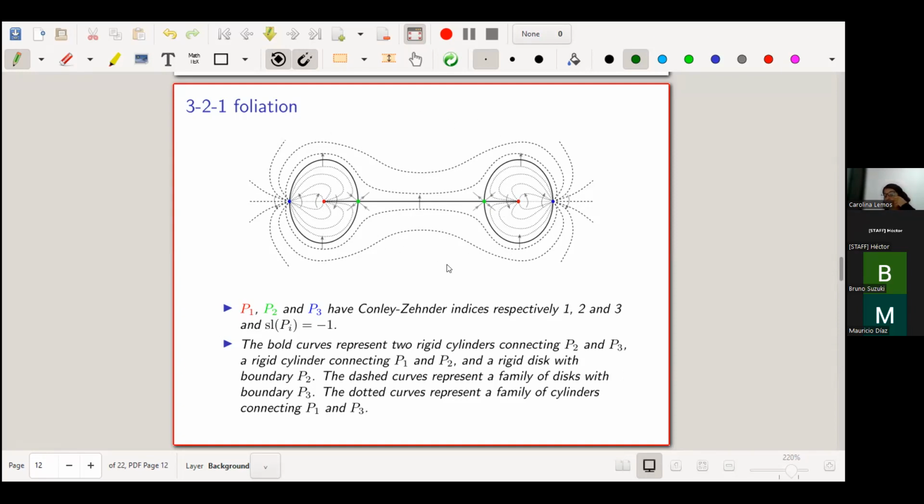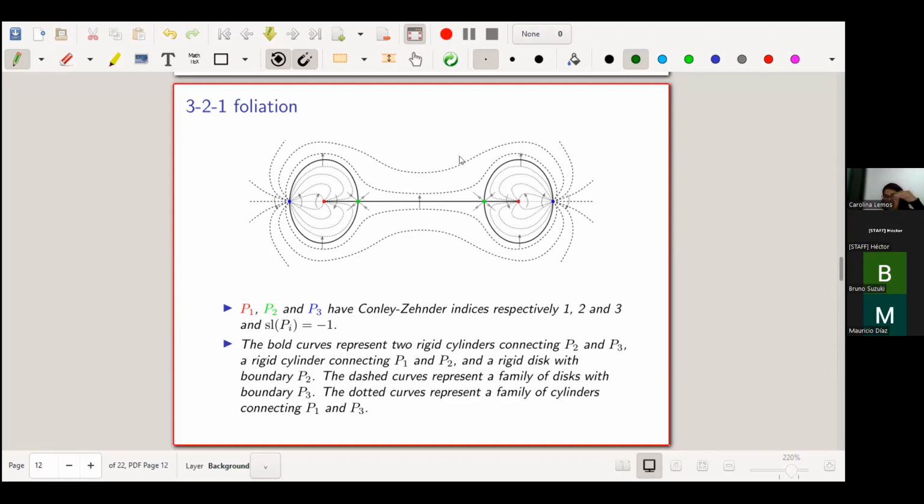And they have collision indices 1, 2, and 3. And basically we have this family of disks here, a family of cylinders here, and these 2 cylinders, one here and one here, and also this cylinder here and this disk here.